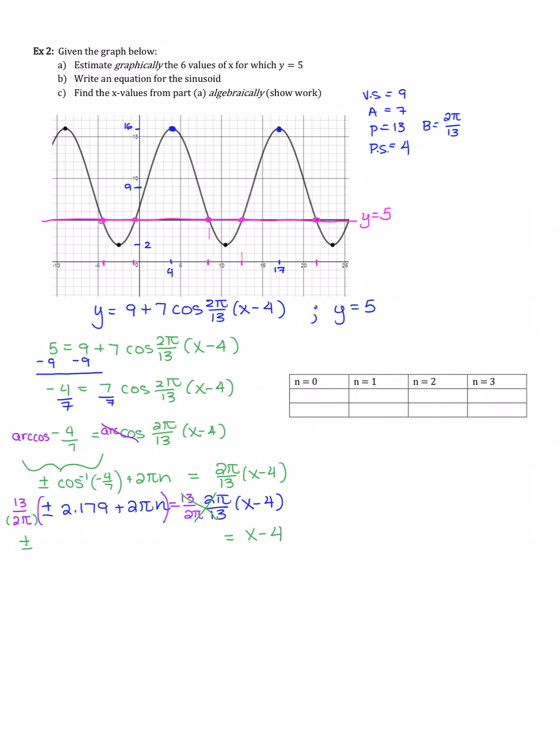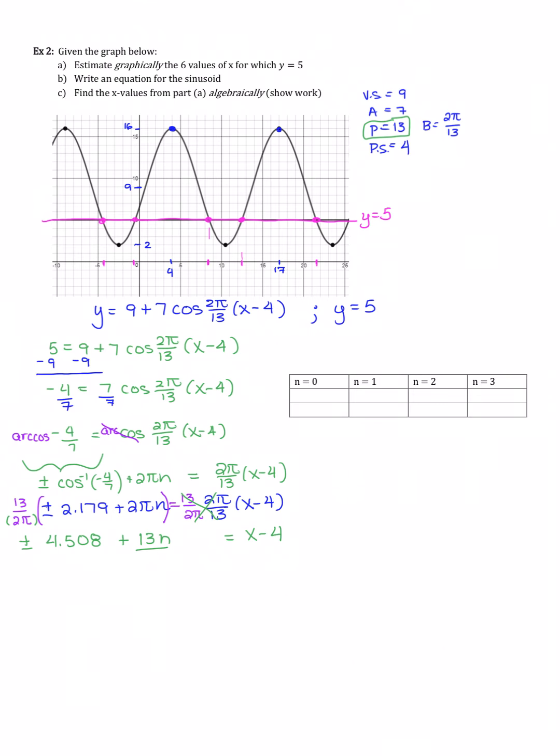So when you do that, you should get 4.508. We still have the plus or minus. Now this is where the magic happens. When I multiply it against the next term, notice I get plus 13n. You should always get your regular period back because the period is 13, and there's that. Okay, so we still haven't completely isolated x.